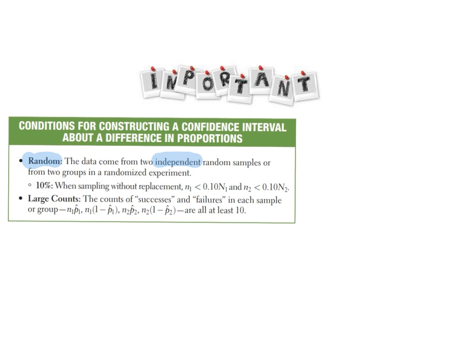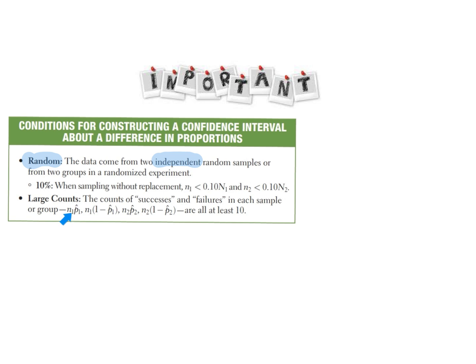We didn't have to stress that word independent when we're only dealing with one. Or from two groups in a randomized experiment. The example I did here wasn't an experiment. The other conditions we've looked at before, 10% where you check it for both samples, and large counts.